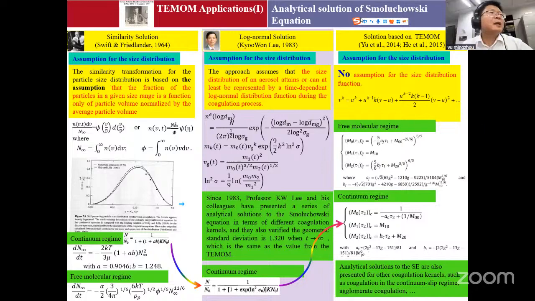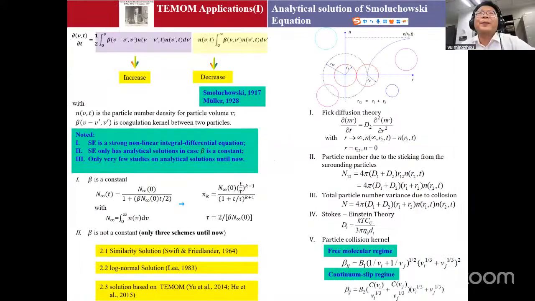Yeah, of course. Is it possible to solve a coupled problem? The TEMOM can be used to solve the convection and the diffusion. So we only need to couple it to the Navier-Stokes equation. Like this one.